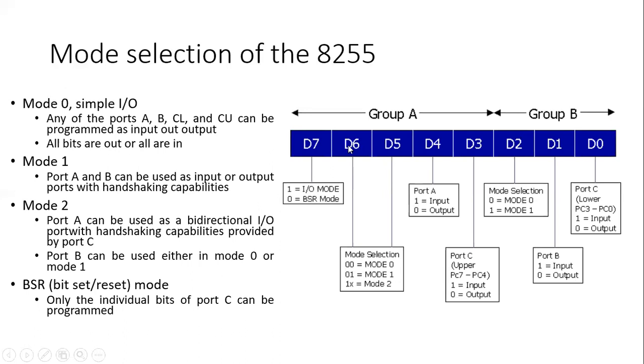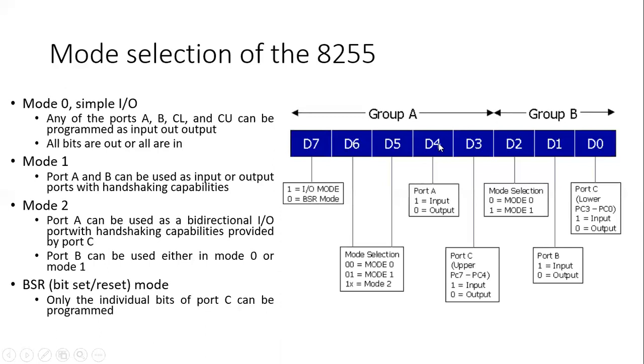Then D6 and D5 are used to select the mode of 8255. What are the modes of 8255? Mode 0, mode 1, mode 2, and bit set mode, isn't it? By using this, we can specify whether it is mode 0, mode 1, or mode 2. That we can specify here.